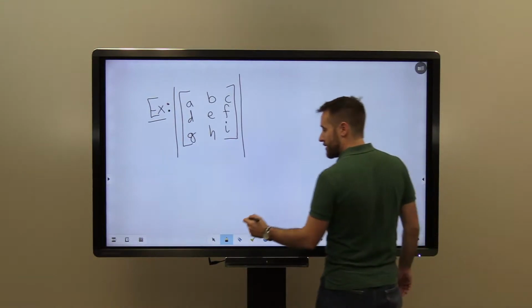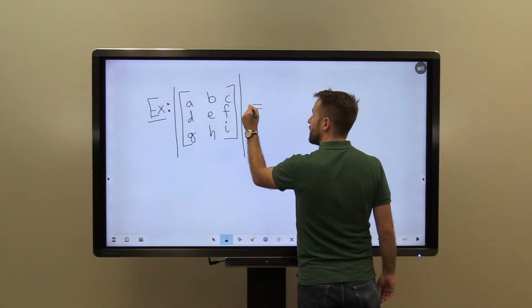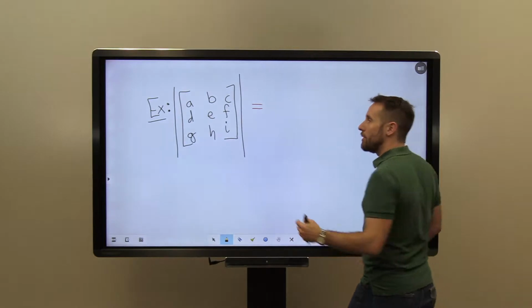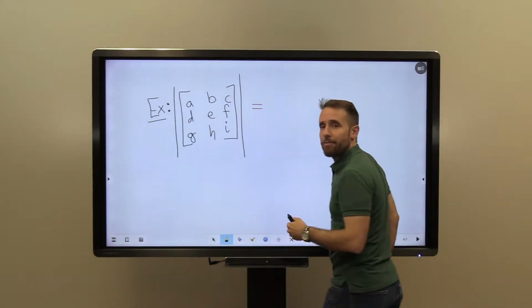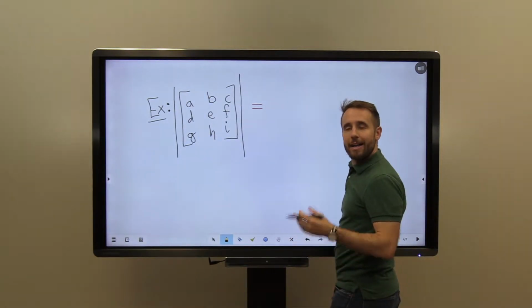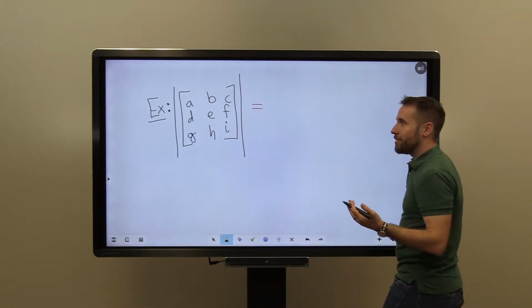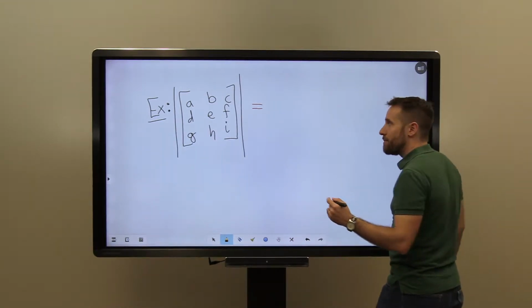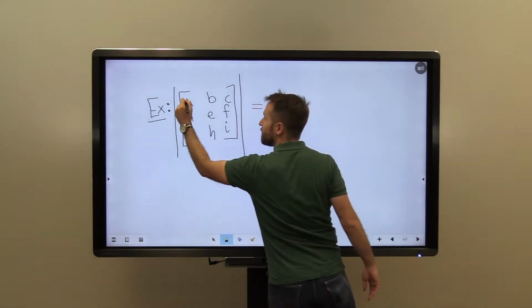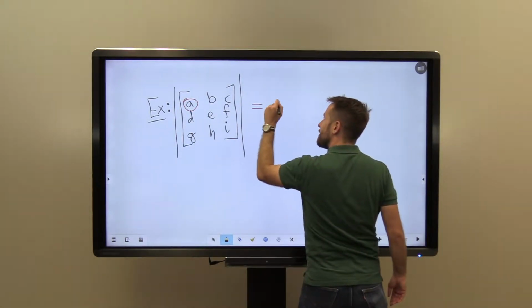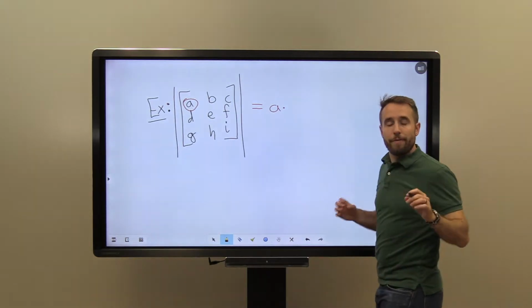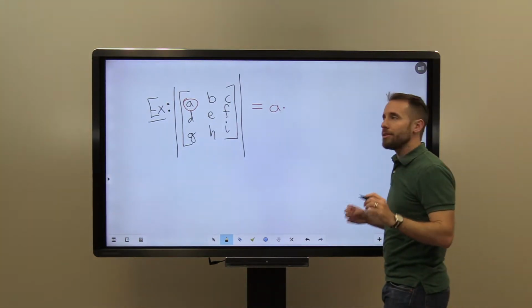So first, we're going to look across the top row here. So the top row is A, B, C. And I'm going to end up with 3 terms in my answer added together. The first term is going to be the first number A times the following 2 by 2 determinant.